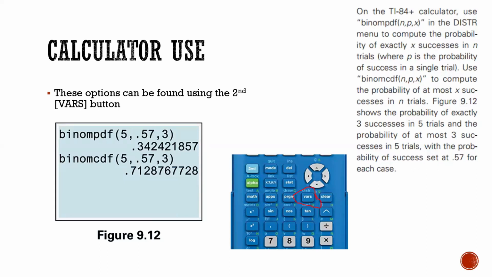I taught you how to do this without the calculator earlier. This is the formula that we've been using a chajillion times: N choose X, P to the X, Q to the N minus X. So this is the shorthand way of doing it.